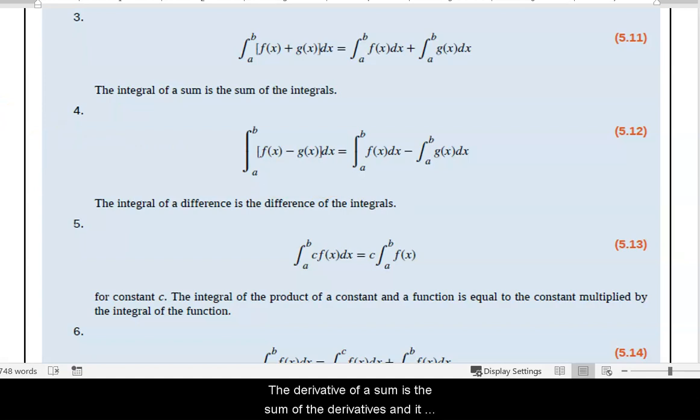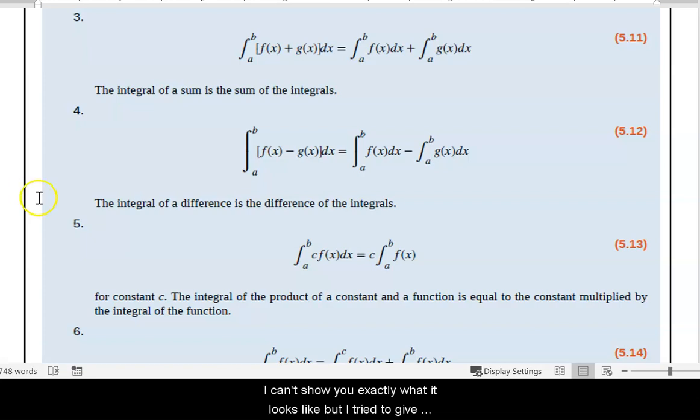The derivative of a sum is the sum of the derivatives, and it turns out the same applies to integrals for definite integrals. The definite integral of a sum is the sum of the separate definite integrals, and the same applies for subtraction. This should make sense to you since in fact definite integrals are limits of Riemann sums.